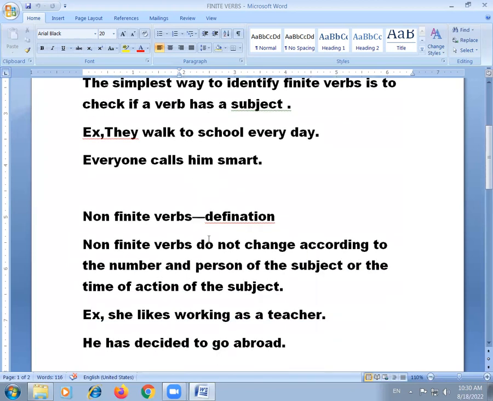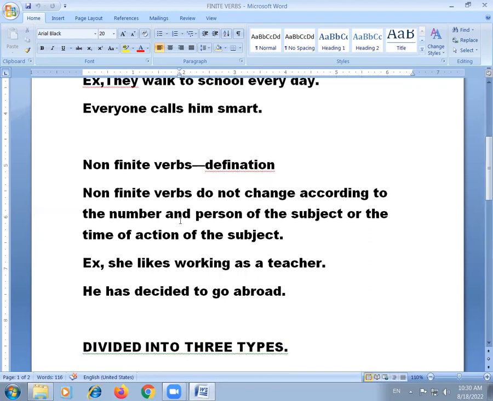Next, I will give the non-finite verbs definition. Non-finite verbs do not change according to the number and person of the subject or the time of action of the subject. Example: she likes working as a teacher. She has decided to go abroad.